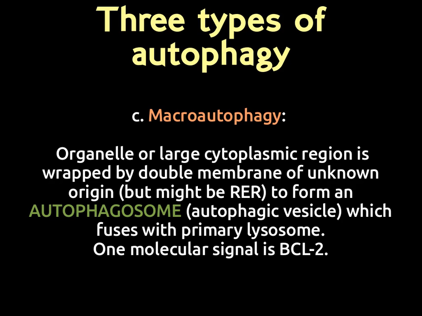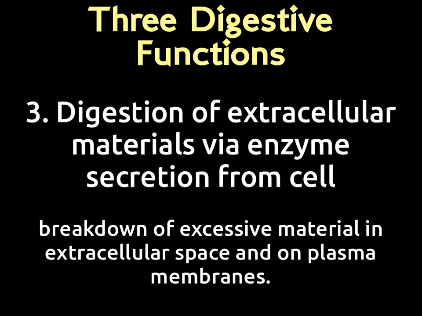Okay, so that is 3 of the different digestive functions of the lysosome. The final one is that we can digest extracellular material by having the lysosome, instead of endocytosing this material and bringing it in, bind to it so that we can dump its contents in and digest it internally.